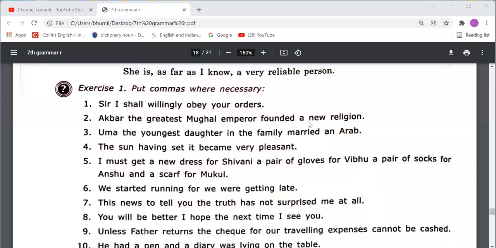I must get a new dress for Shivani, a pair of gloves for Vibhu, a pair of socks for Anshu, and a scarf for Mukul. So where we need to use, it's quite a complicated sentence. Let's see who can give me the answer of this sentence. Rupal, can you try?